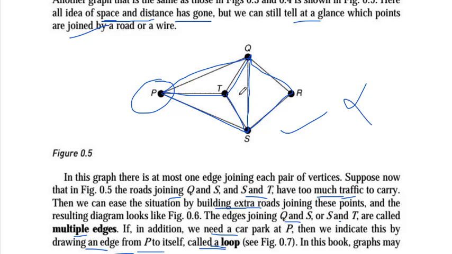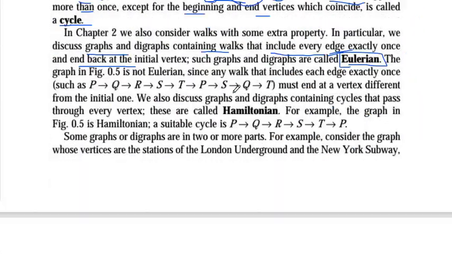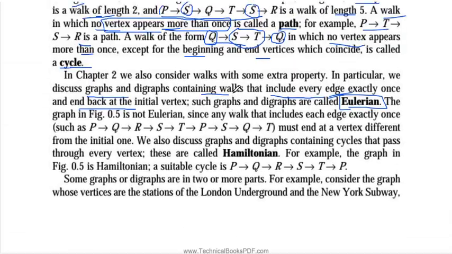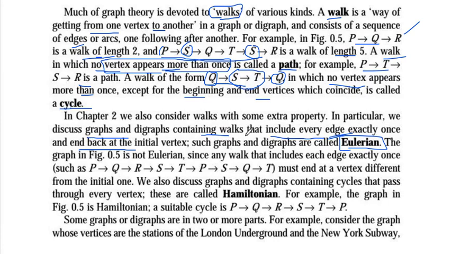So this is not an Eulerian graph. You can get the idea of the definition of an Eulerian graph: we have to include every edge exactly once and end back at the initial vertex. Our previous graph is not Eulerian, because it started with P and ended with T, a different vertex from the initial one.